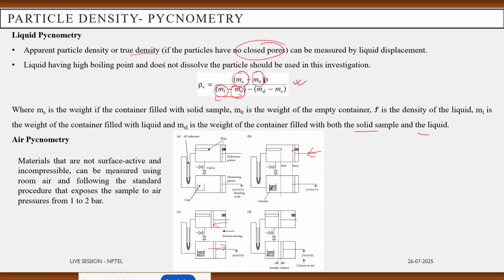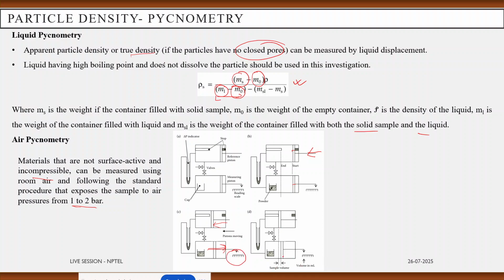So, materials that are not surface active and are incompressible in nature can be measured using room air conditions and following the standard procedure, exposed to sample air pressure of 1 to 2 bar. So this piston will move this way and this reading will be captured here.